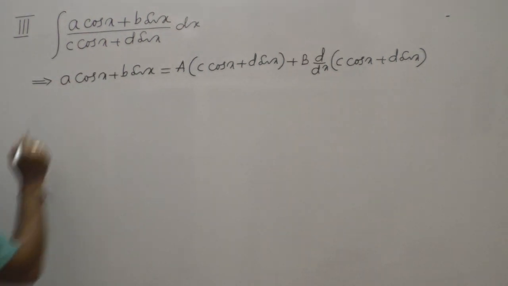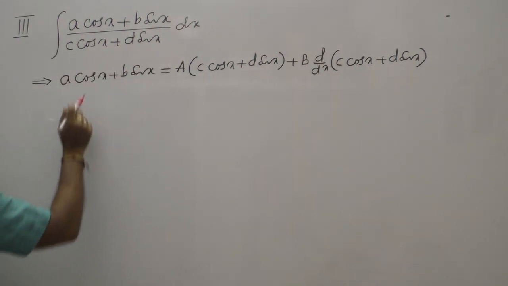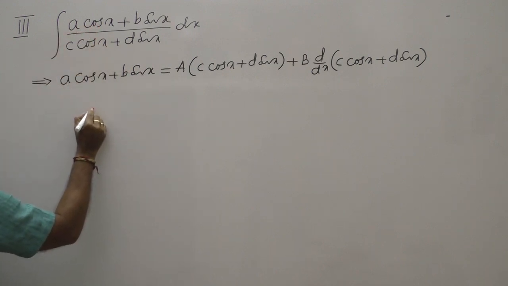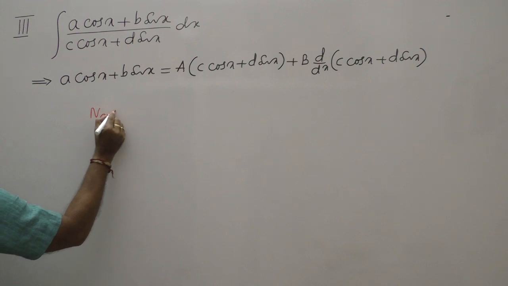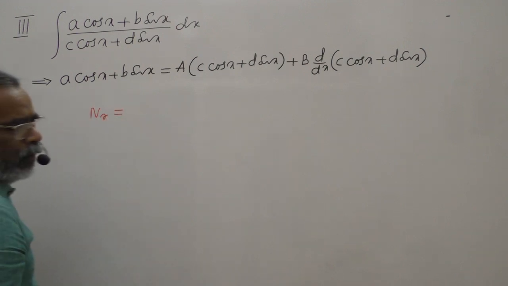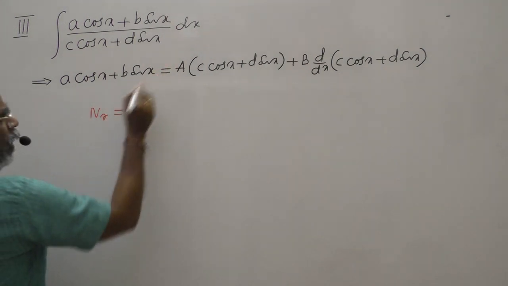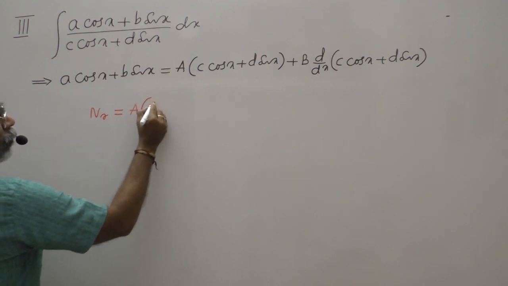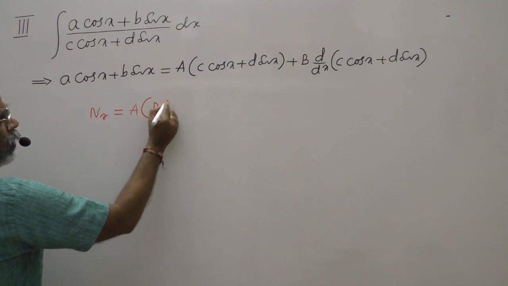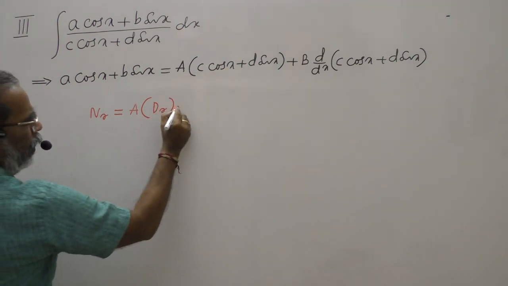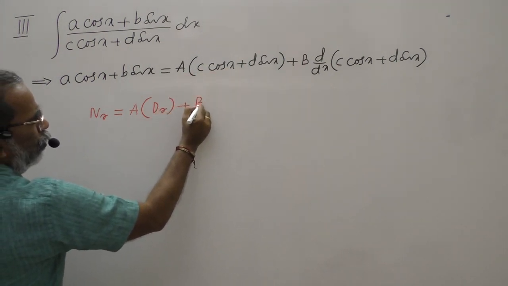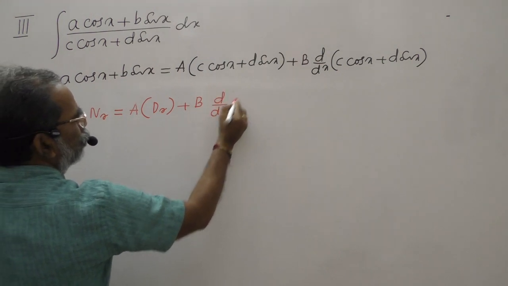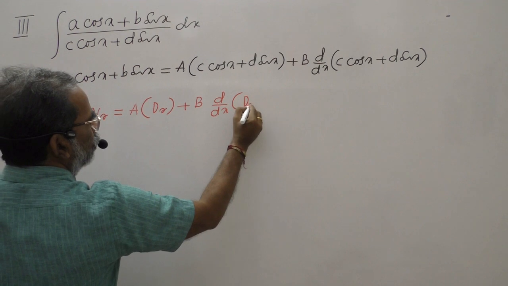Yes, what I wrote actually, see now. A cos x plus b sin x means numerator. I am once again writing. Numerator should be expressed as a into denominator plus b into d by dx of denominator. This is the procedure.